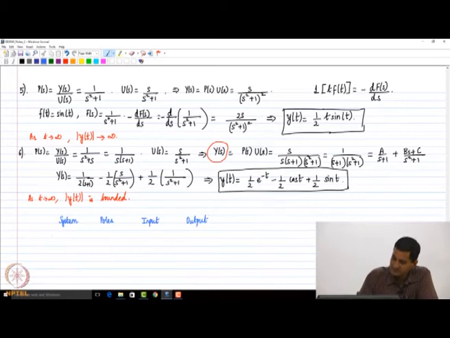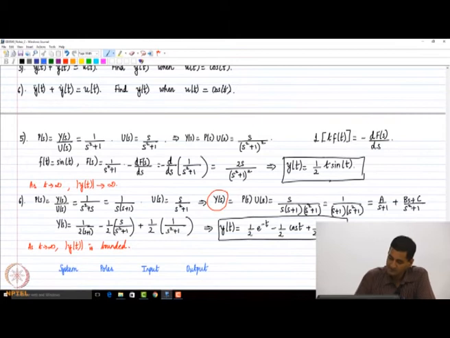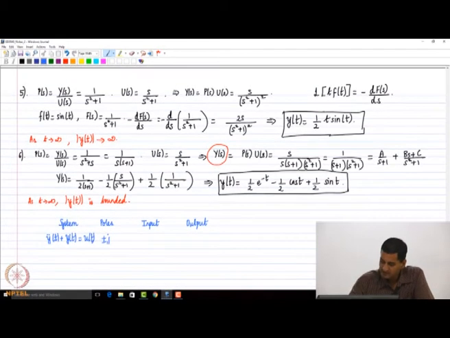So first let's take the system which had complex conjugate poles, right? So first let's take y double dot plus y of t is equal to u of t. The poles were at plus or minus j, right? For this system we considered two cases, right?